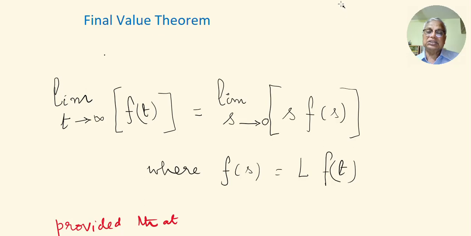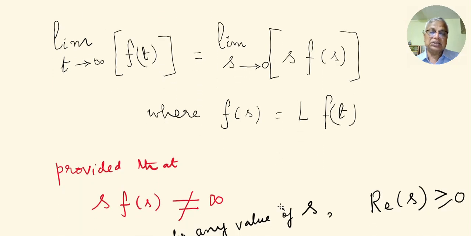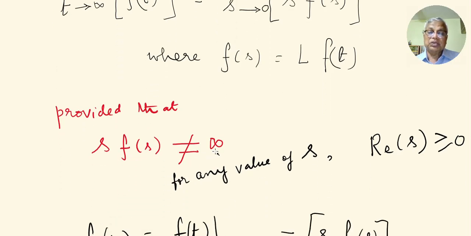The first condition is, as before, that the function f of t must be Laplace transformable. Here there is also an additional condition: s into F of s should not become equal to infinity for any value of s satisfying the relation that the real value of s is greater than or equal to 0.